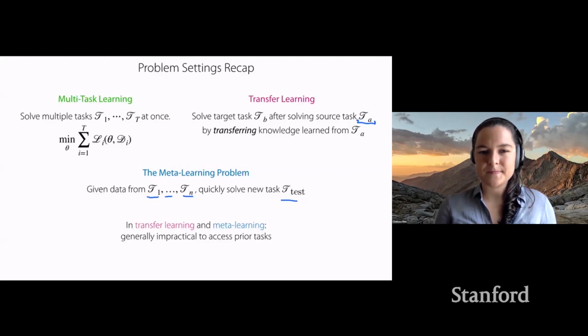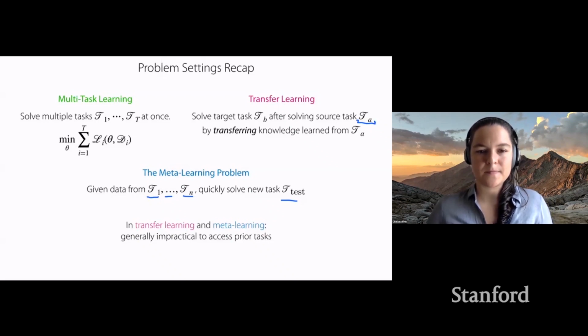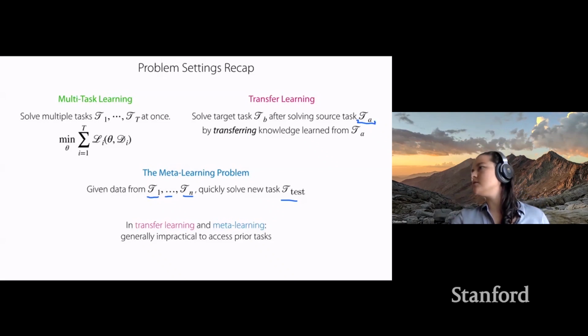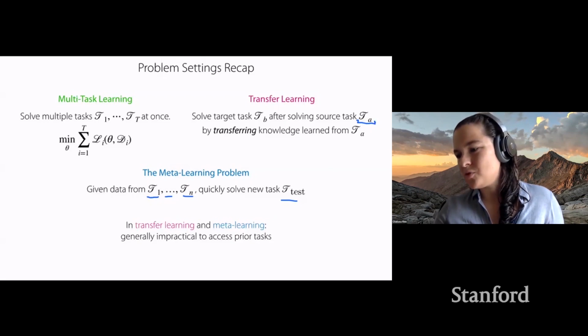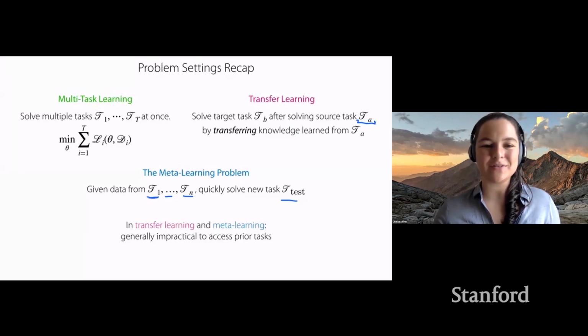Well, I guess I'm thinking, what qualifies as a task being distinct from another task? So in the image recognition example, it is a good point that you could construct these tasks from a single data set, like the ImageNet data set, for example. This is actually quite common in the few-shot image classification literature.